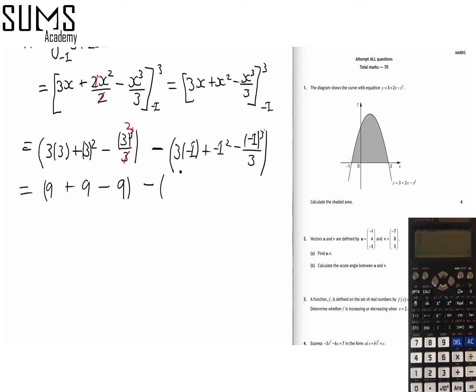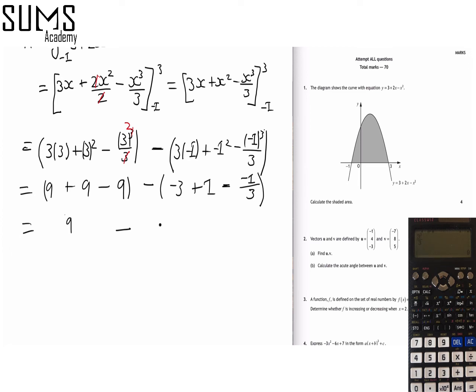So 3 times negative 1 is negative 3, plus negative 1 squared is just going to be 1. Now this bit is a bit tricky. Minus 1 cubed is still minus 1, so that just becomes minus 1 over 3. But because of this term here, you'll see that it will change again. So 9 plus 9, take away 9, is just 9.